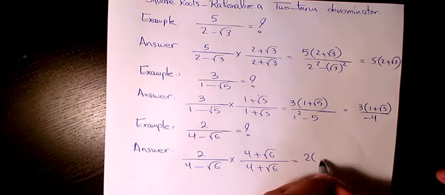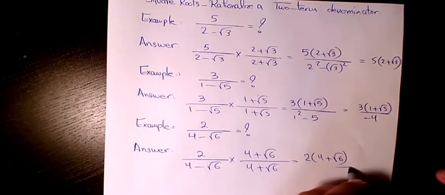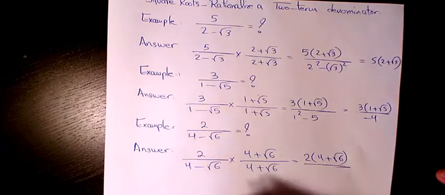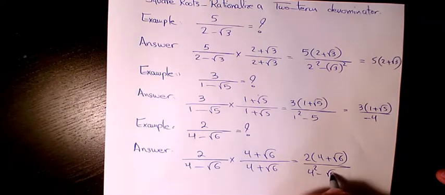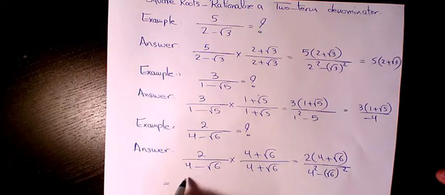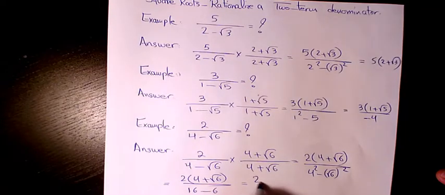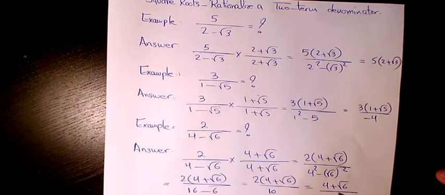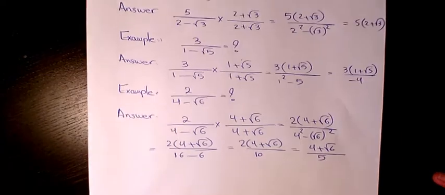It's going to be 2 times 4 plus root 6, and here you have 4 squared minus root 6 squared. We have 2 times 4 plus root 6 divided by 16 minus 6. So 2 times 4 plus root 6 divided by 10. These two cancel out. It will be 4 plus root 6 divided by 5.